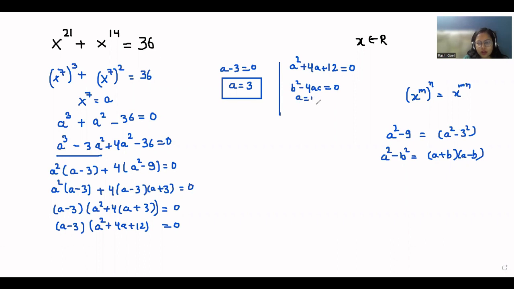Here a is 1, b is 4, and c is 12. So 4^2 - 4 times 1 times 12, that is 16 - 48 = -32. So when the discriminant is negative, there is no real solution.